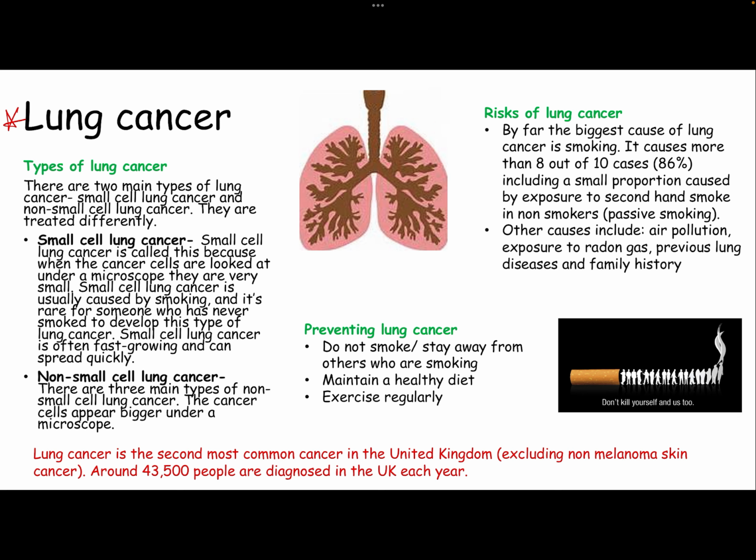Small cell lung cancer is usually caused by smoking, and it's rare for someone who has never smoked to develop this type of lung cancer. Small cell lung cancer is often fast growing and can spread quickly. Non-small cell lung cancer has three main types. The cancer cells appear bigger under a microscope.